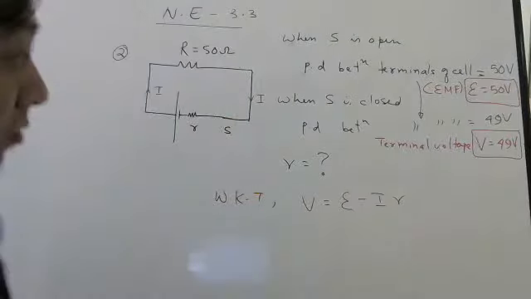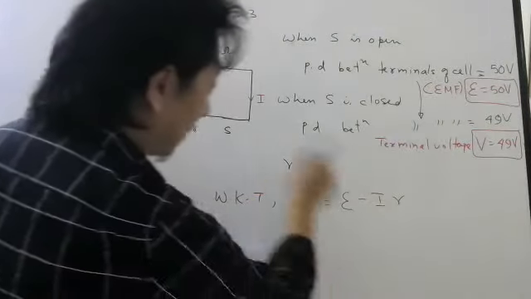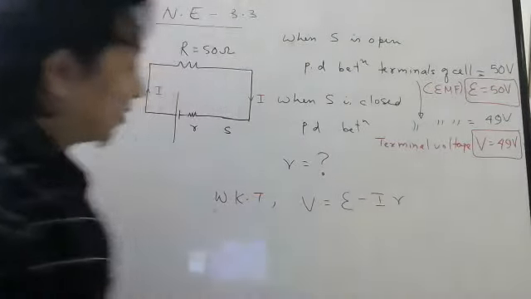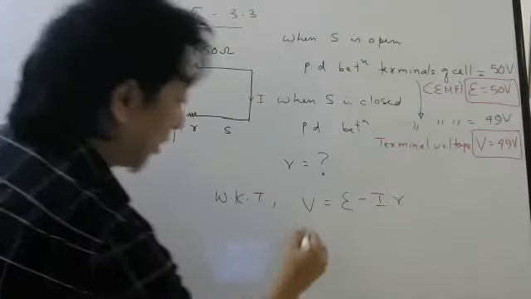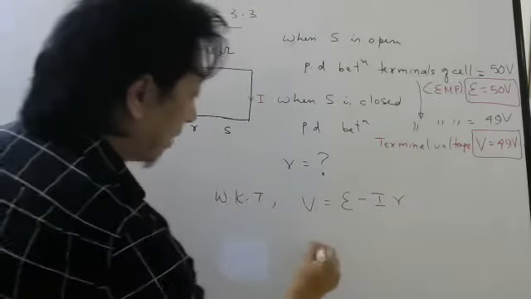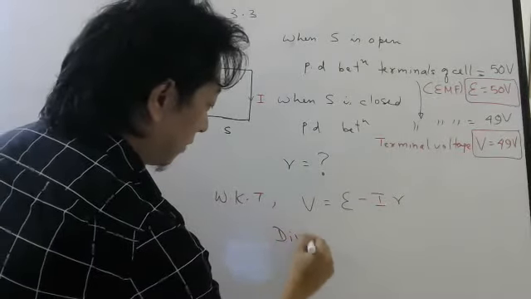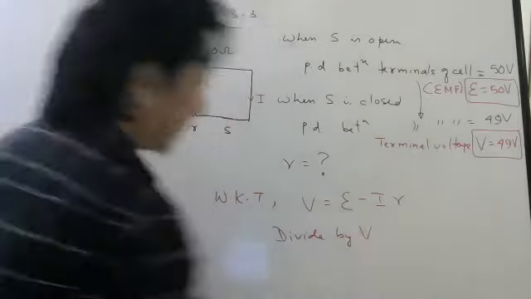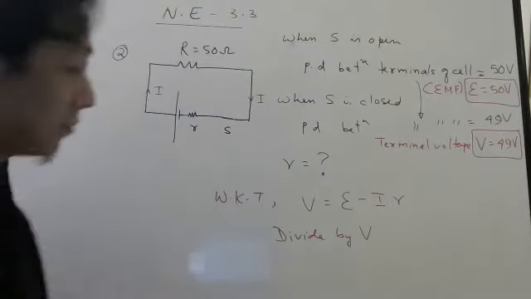So now to find internal resistance, I don't need current here. So what I will do, look carefully. I will divide both the sides by V. Your result will come much faster.